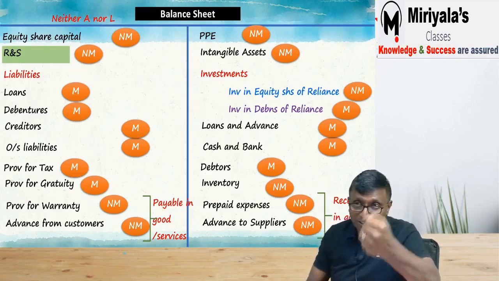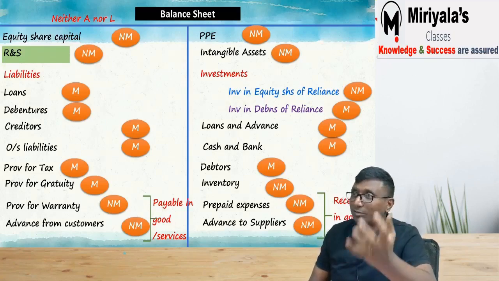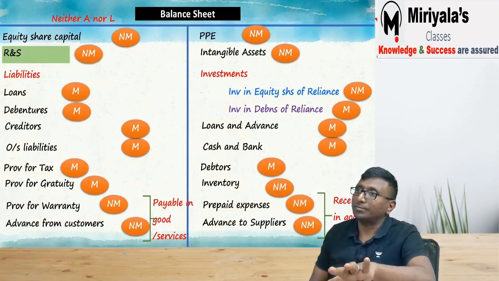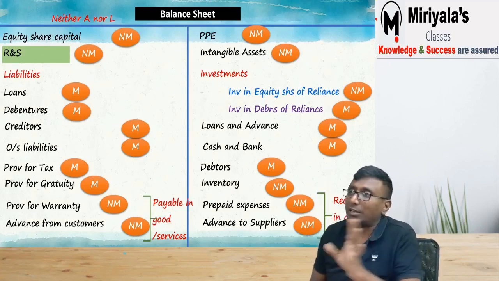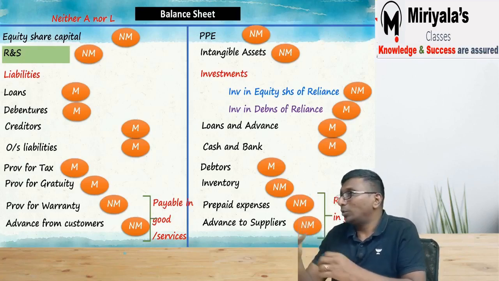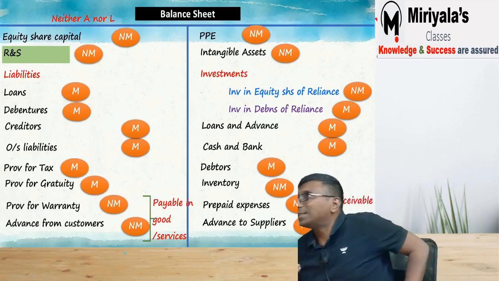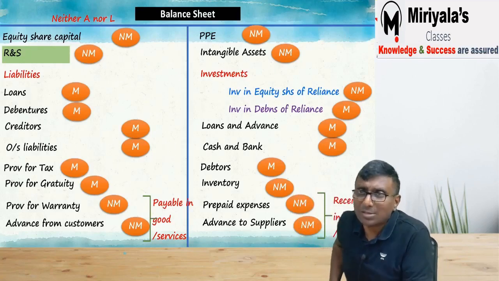Rupees. Receipt of money is the foreign currency transaction. That day, whatever the rate is, you convert it. Advance received from customer, credit 80. Cash account, debit 80. Now there will not be any foreign currency gain or loss, and there should not be. If there is, something is wrong.